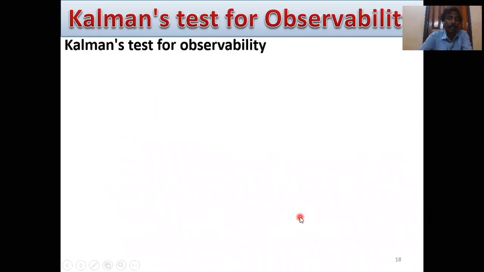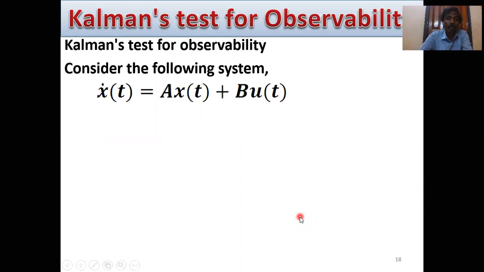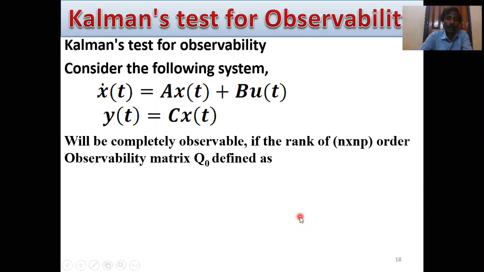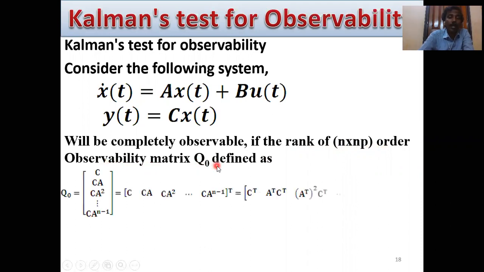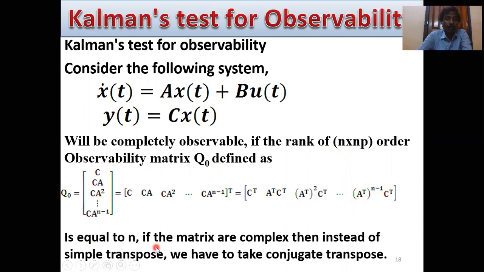The system will be completely observable if the rank of the n-by-n observability matrix Q0, defined as C transpose, A transpose C transpose, up to A transpose to the power n minus 1 C transpose, is equal to n.